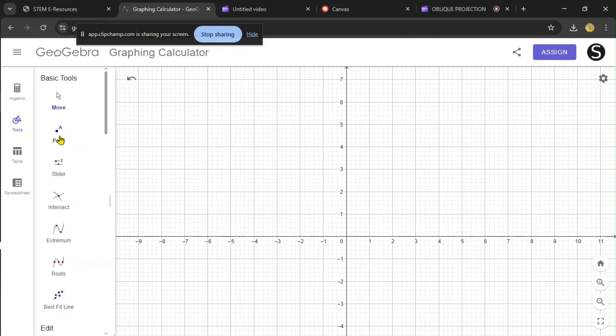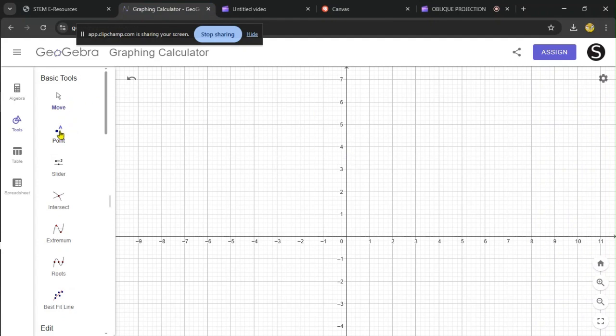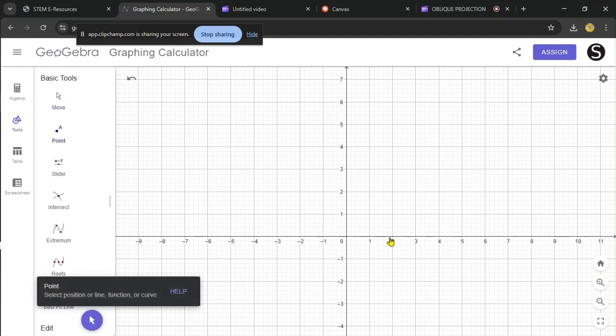I'll come and pick the first point. Now how do you pick the first point? You take the value of x as 2 and 7. 2 goes with 7. So x is 2 when y is equal to what? 7. So you come here and pick a point. x is 2 when y is 7. 7 is somewhere here.